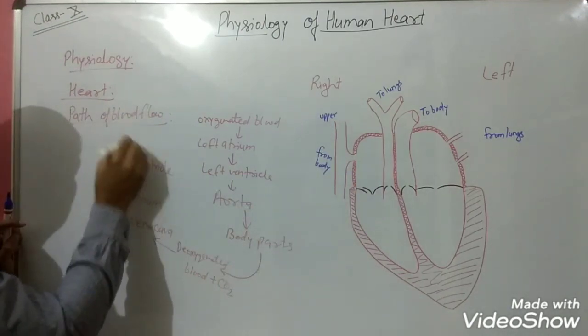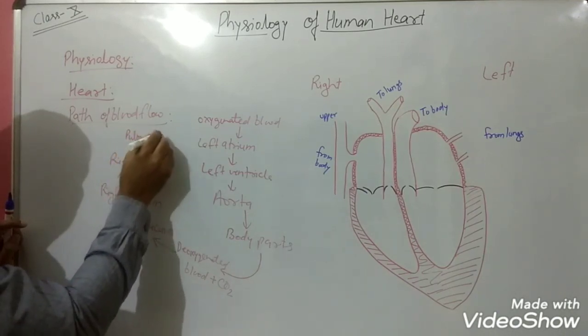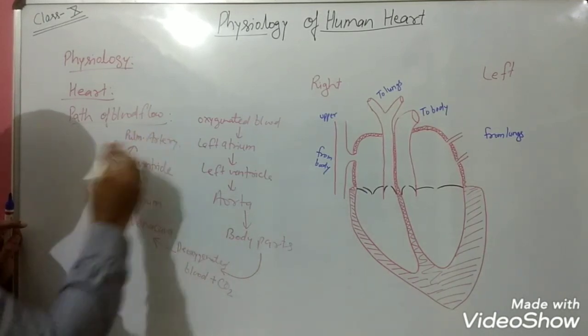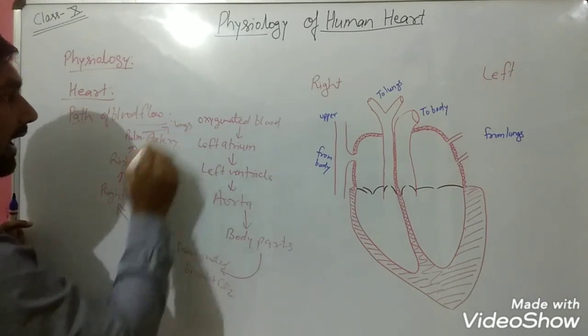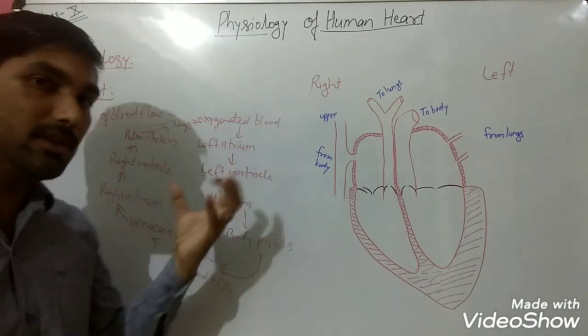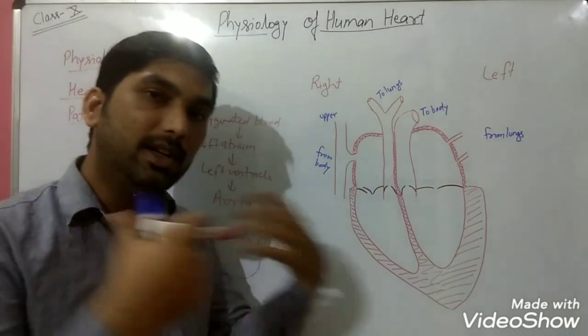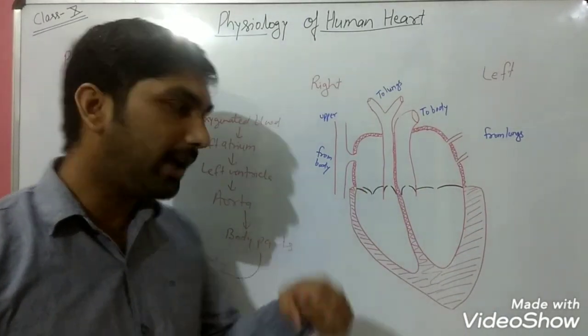So from the right ventricle the blood passes into the pulmonary artery, and from here again the blood enters the lungs, where purification of blood happens, meaning the CO2 gas will be released from the alveoli, and fresh oxygen will be absorbed.